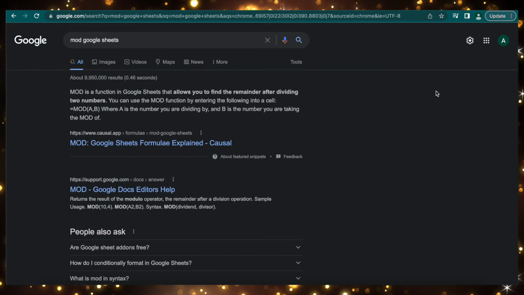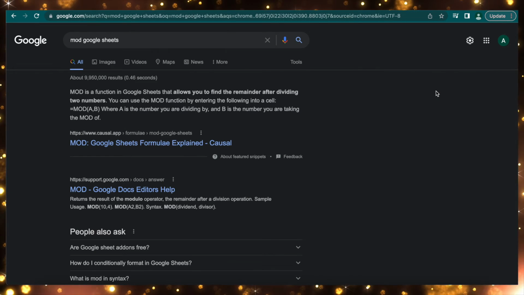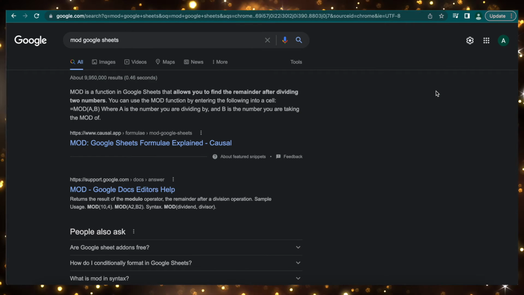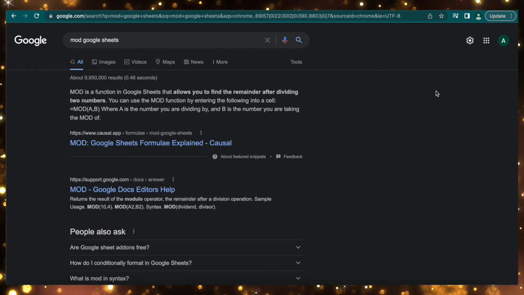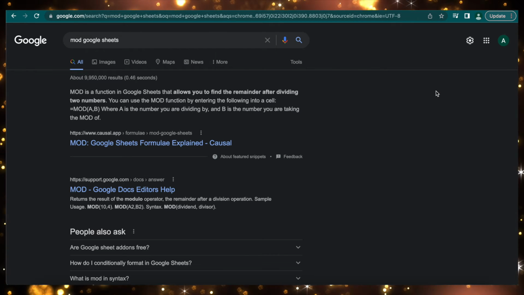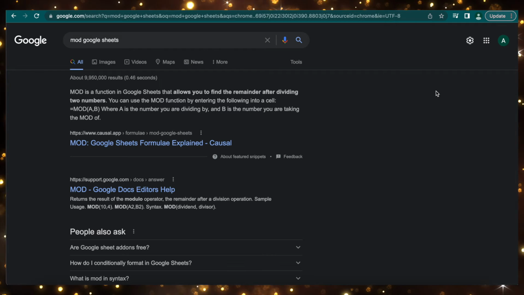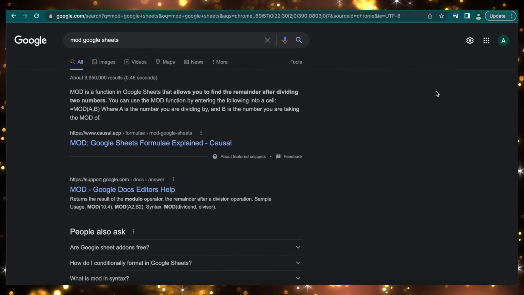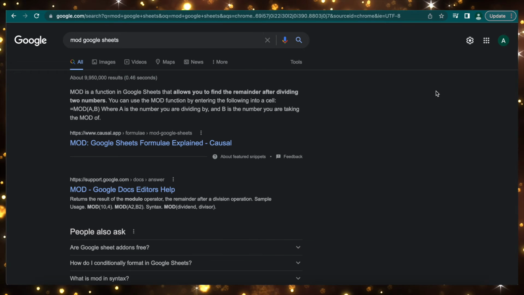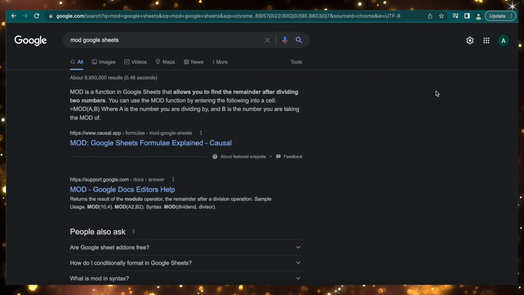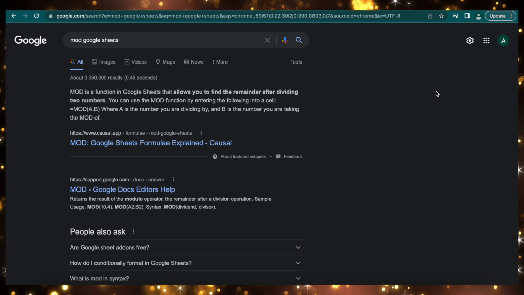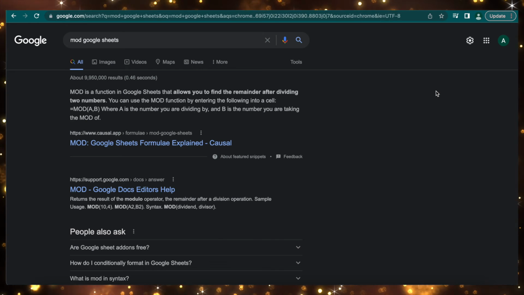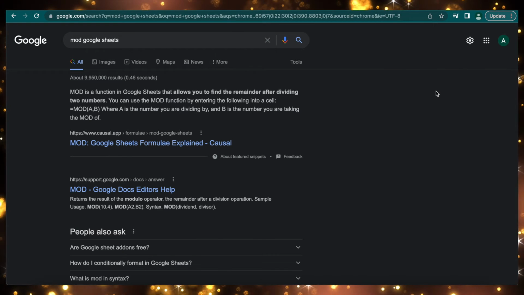It's a function in Google Sheets that allows you to find the remainder after dividing two numbers. You can use the MOD function by entering the following into a cell: MOD and in the brackets A, B using a comma, where A is the number you are dividing and B is the number you are dividing by.